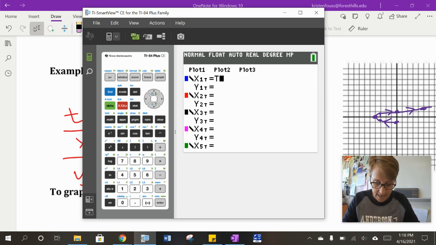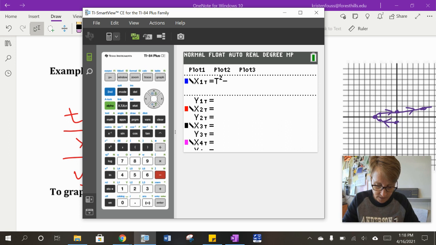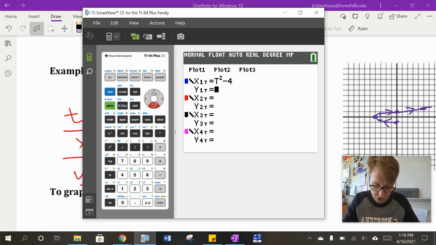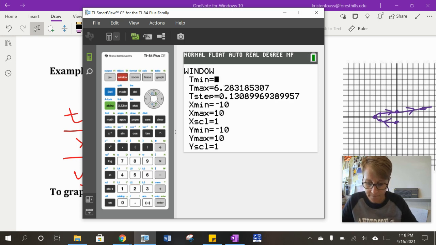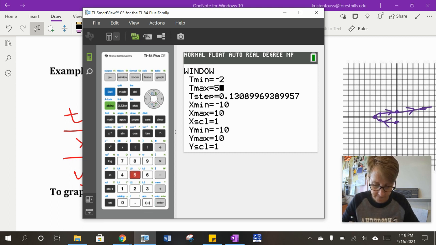So anyway, x was t² - 4. The y was just, was it t/2, I think, right? When you go to your window, you don't just have x min, x max, y min, y max anymore. You also have t min and t max. So I'm going to adjust that to match what we graphed, which was -2 to 5.